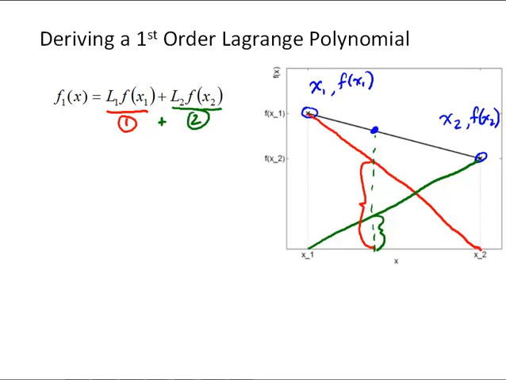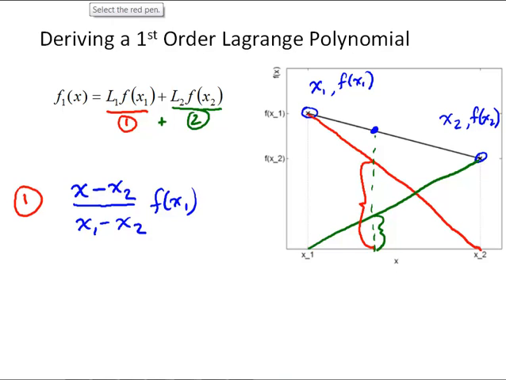So if we want to get that first line, line 1, we can write that as x minus x2. So now we know that it will go to 0 when x equals x2, divided by x1 minus x2, all times f of x1. So let's look at how that works.